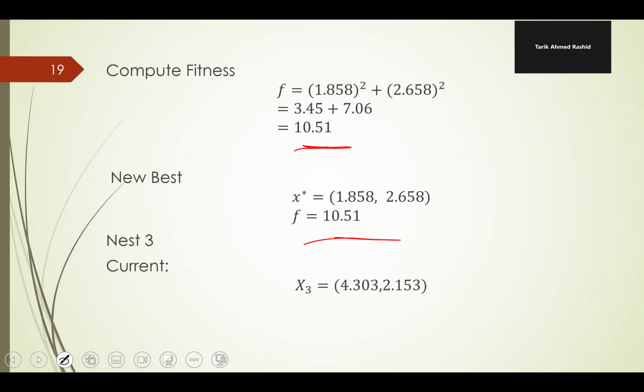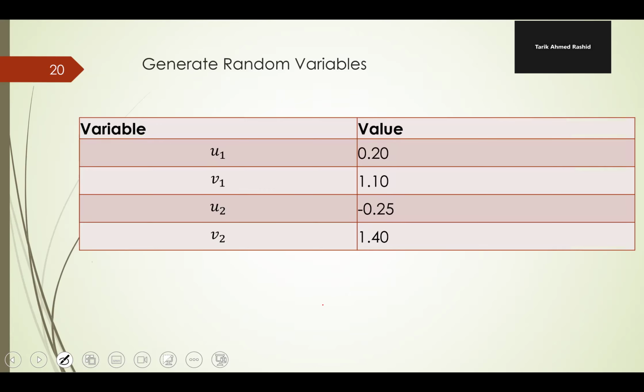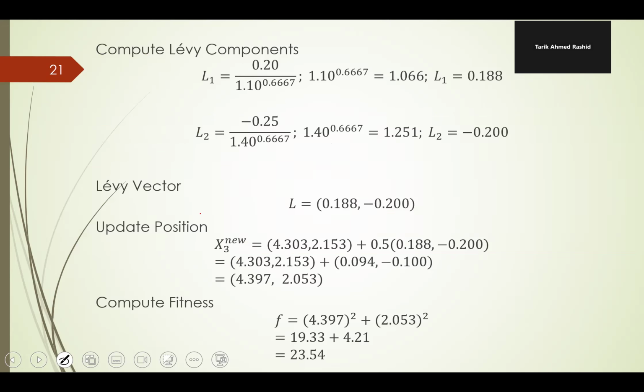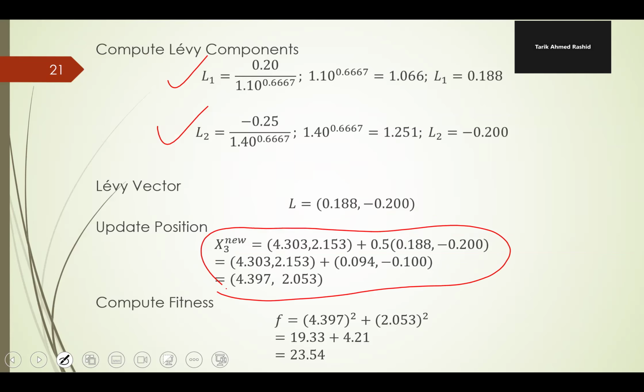And then we go with X3. For X3, again, we find L1 and L2 using U1, V1, U2, V2, this one for L1 and this one for L2. Plug them in. L1 is found, L2 is found. Put them into the update equation for the movement of position.